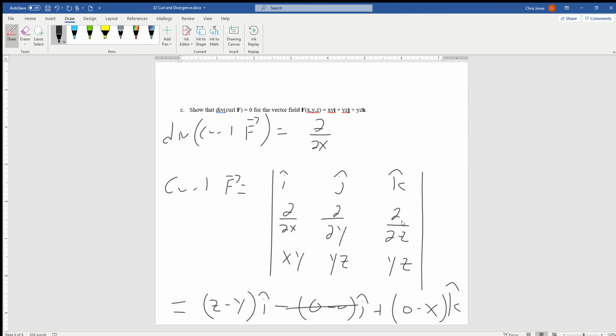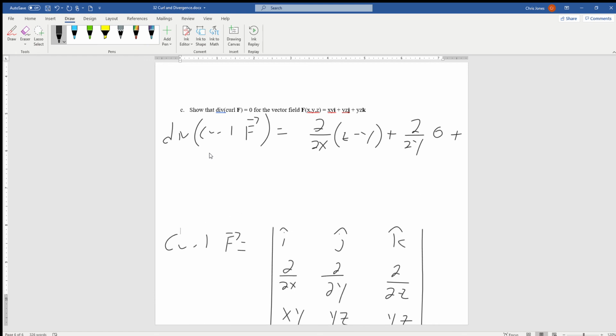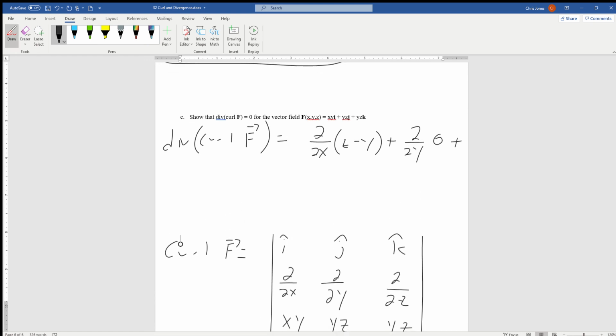So the partial with respect to x of our z minus y, plus the partial with respect to y of 0, plus the partial with respect to z of negative x.